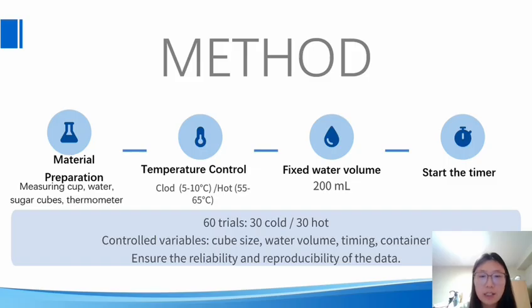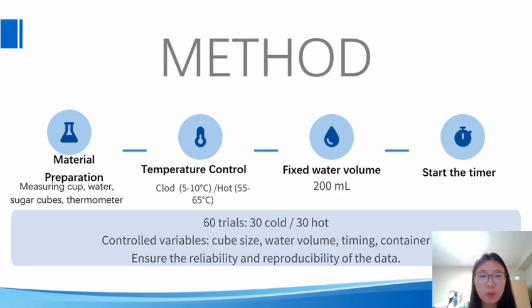I used exactly 200 milliliters of purified water and 1 C&H sugar cube that measured 1.6 by 1.6 by 1.6 centimeters. I used the iPhone stopwatch to record the dissolution time, and I considered the sugar cube fully dissolved when I could no longer see any solid particles.